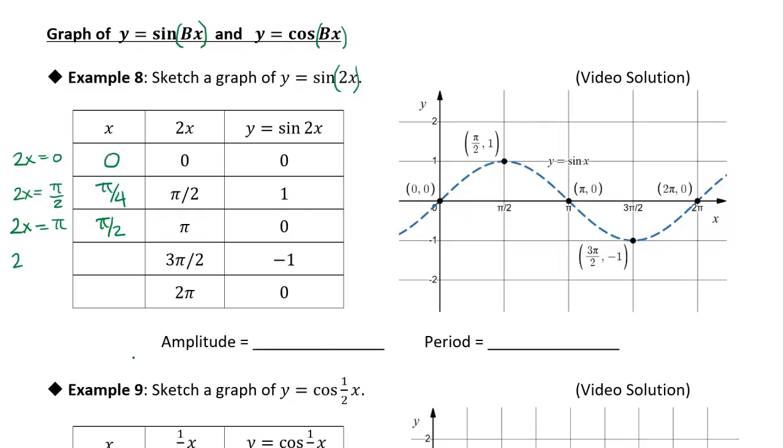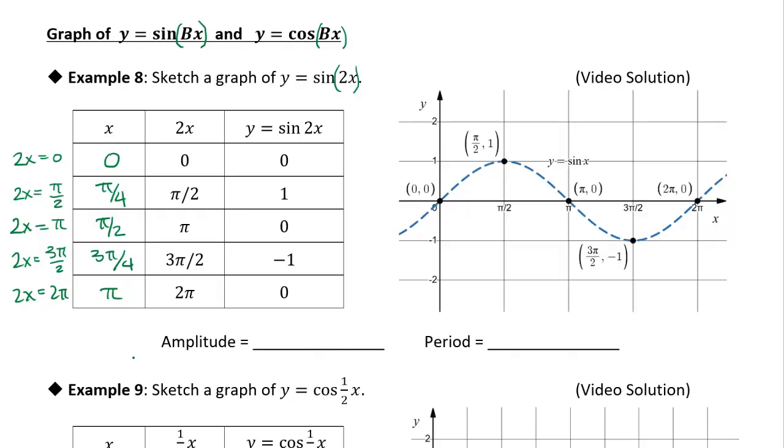All right, again, I'm solving 2x equals 3 pi over 2, and I'm going to divide both sides by 2, so I'm going to get 3 pi over 4, and then finally, when I set 2x equal to 2 pi and solve for x, I'm going to divide both sides by 2, and then I'm going to get x equals pi.